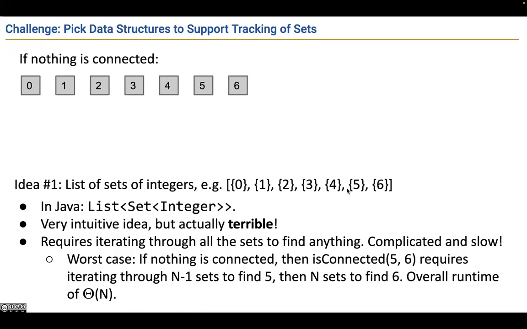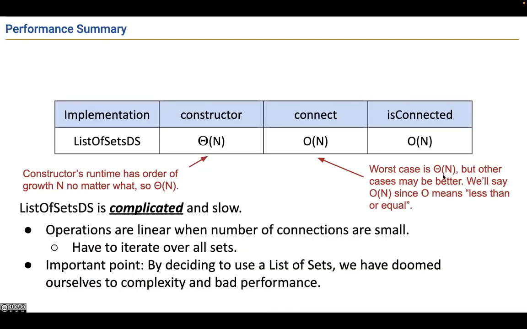But I don't know, maybe someone gives you a question like, are 0 and 1 connected? That's probably faster. So just to be totally honest, we're going to say theta of n is the worst case, but there might be some other cases that are faster. Maybe someone asks you about 0 and 1, and they're right at the start of the list. That might be faster. So I'll just say big O of n, remembering that big O is somehow less than or equal to the order of growth.